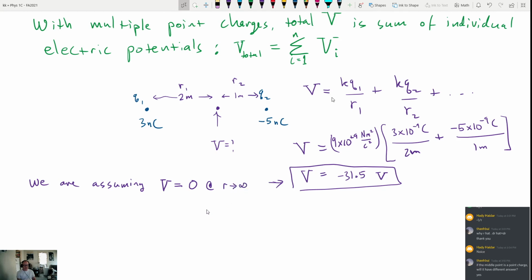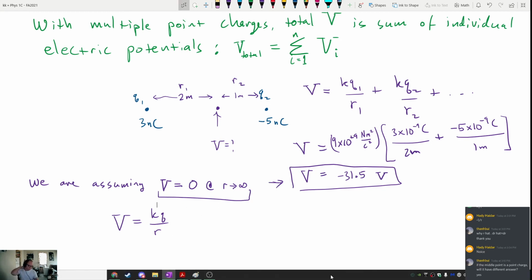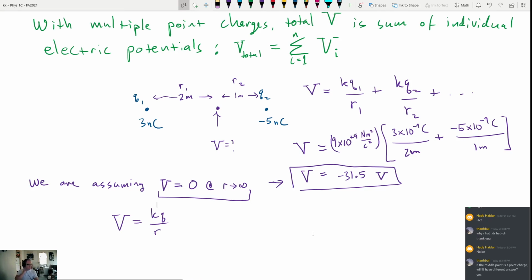As r goes to infinity, V goes to 0. Hopefully that makes sense, because if you look at the equation V equals KQ divided by R, when r goes to infinity, V naturally goes to 0. So this is a choice that we make. We usually assume that the electric potential is 0 at infinity. Does that make sense?